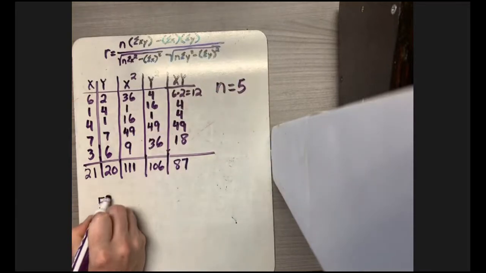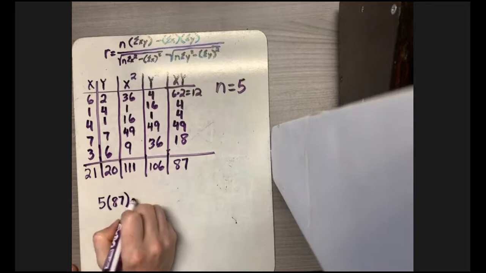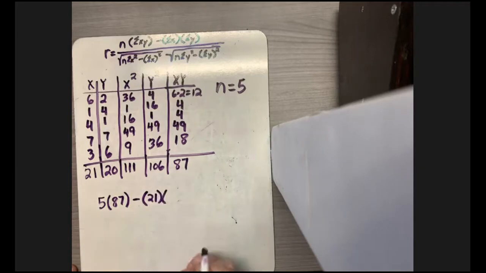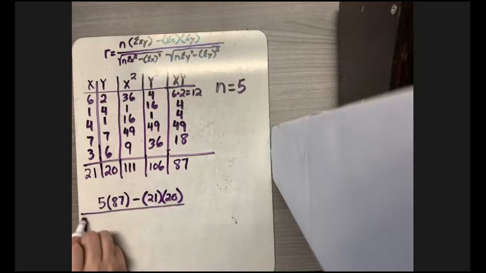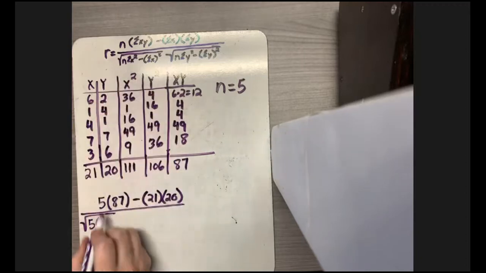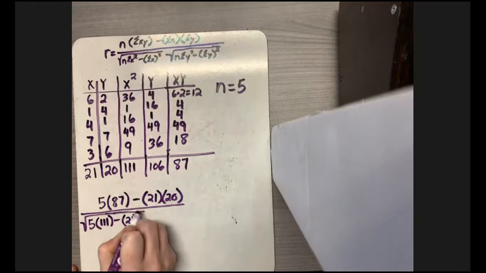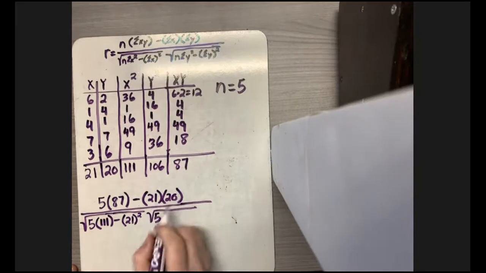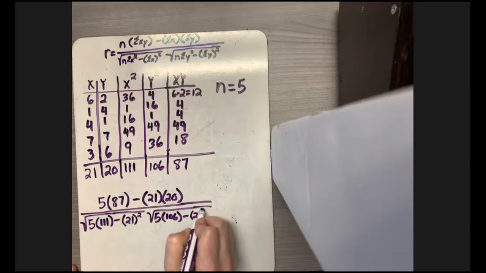I've got 5 times the total of my XY column, which is 87, minus the total of my X's, which is 21, times the total of my Y's, which is 20, over, and then I have the square root of n again, which was 5, times the total of my X squareds, which is 111, minus the total of my X's, 21, squared, and then I have another square root, and it's n times the total of my Y squared, which is 106, minus the total of my Y's, which is 20, squared.